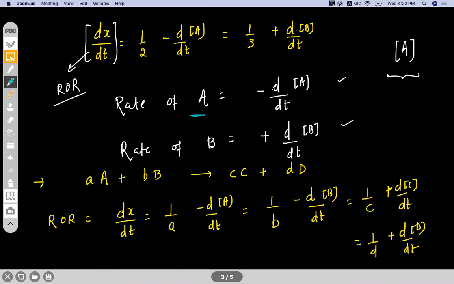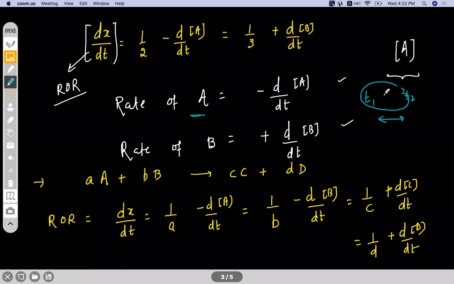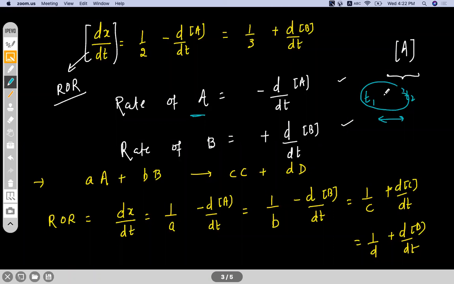No. So to find out the rate of any individual species, any reactant or product, you just need the concentration at two different times. Subtract the concentration, divide by the time required for this change, and that is its rate. So the rate of an individual species is independent of the stoichiometric coefficient you are taking in the reaction.